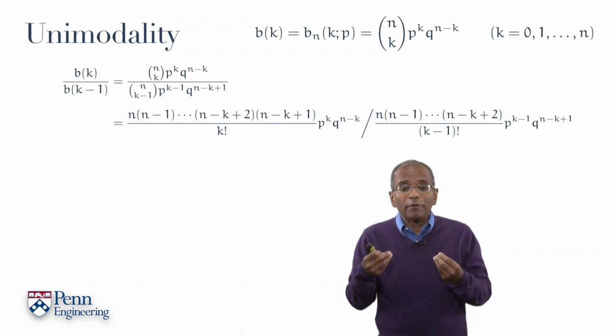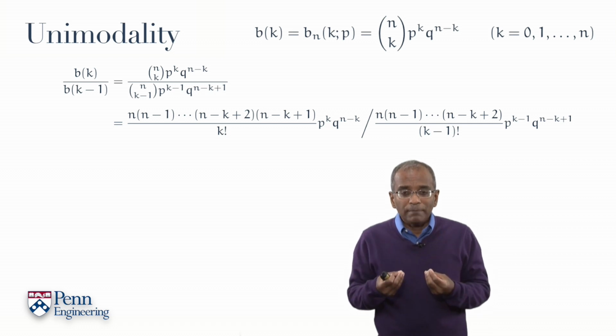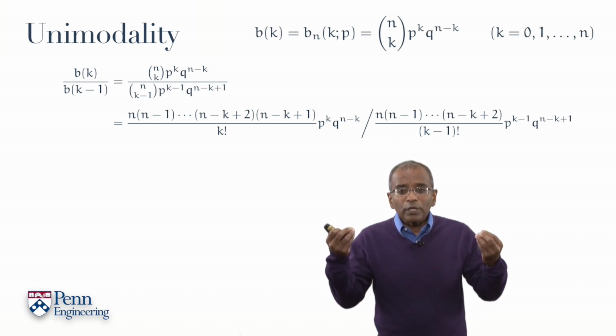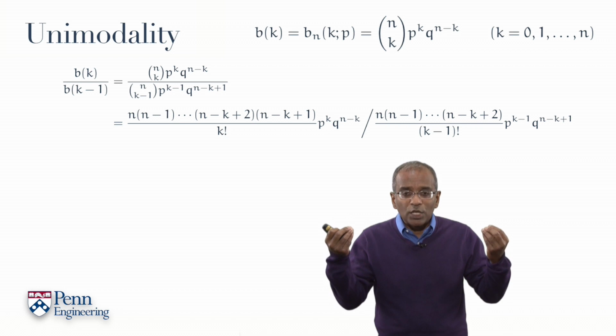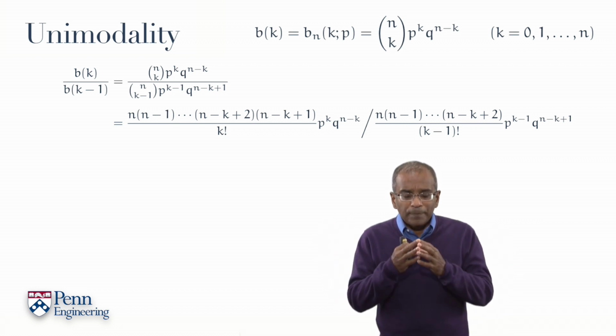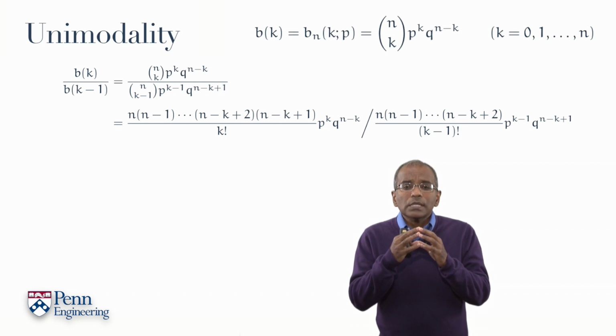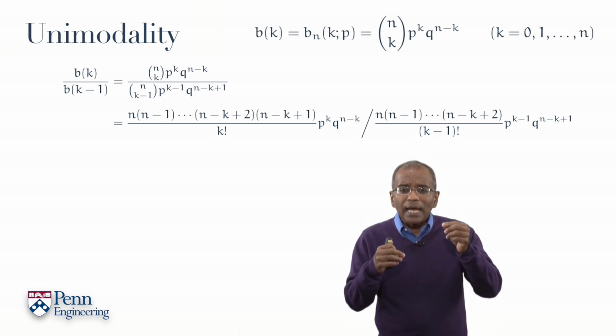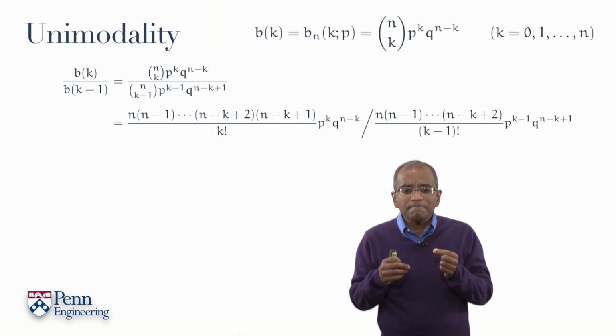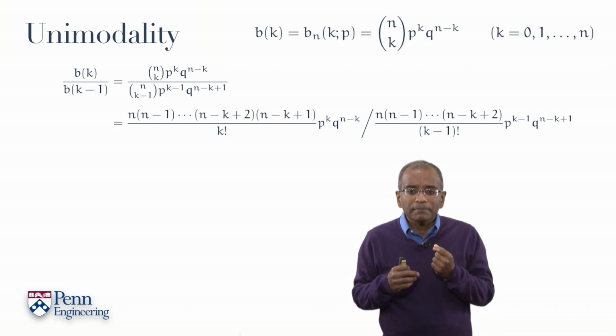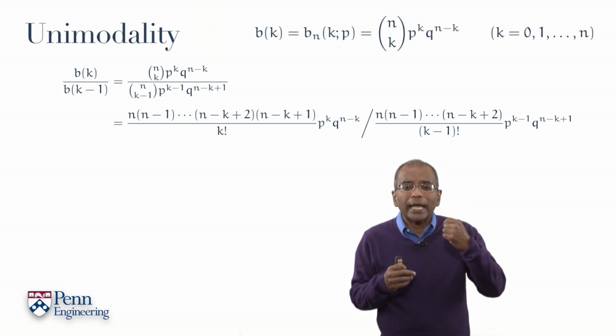The binomial coefficient n choose k in the numerator, and the binomial coefficient n choose k minus 1 in the denominator. Now, for the fraction on the left, you find that it has an extra factor n minus k plus 1 in the numerator and an extra factor k in the denominator.